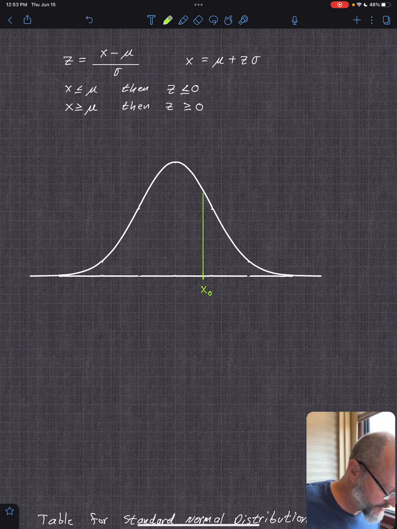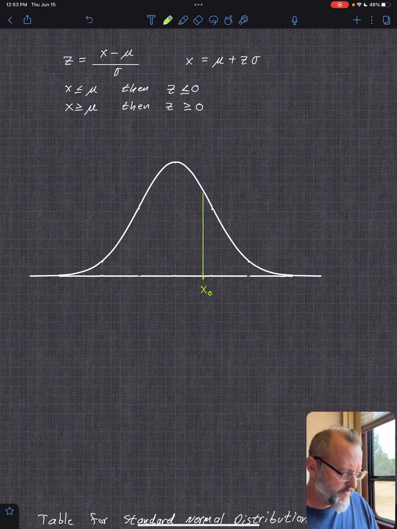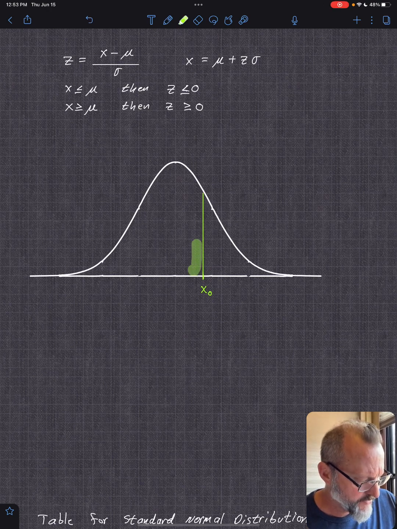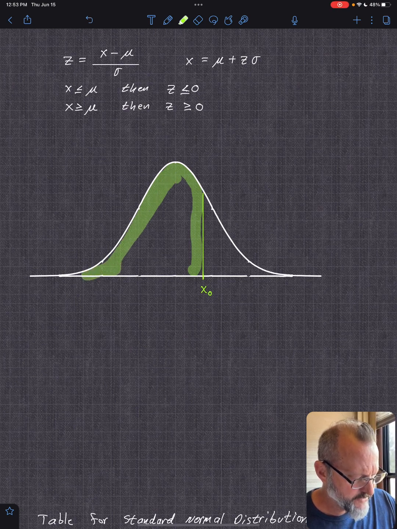Well, that's basically finding this area under the curve. And it goes off like that. So what's this area?